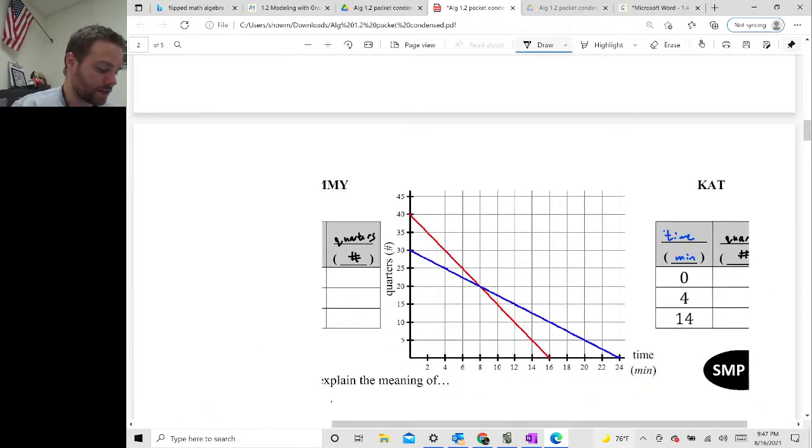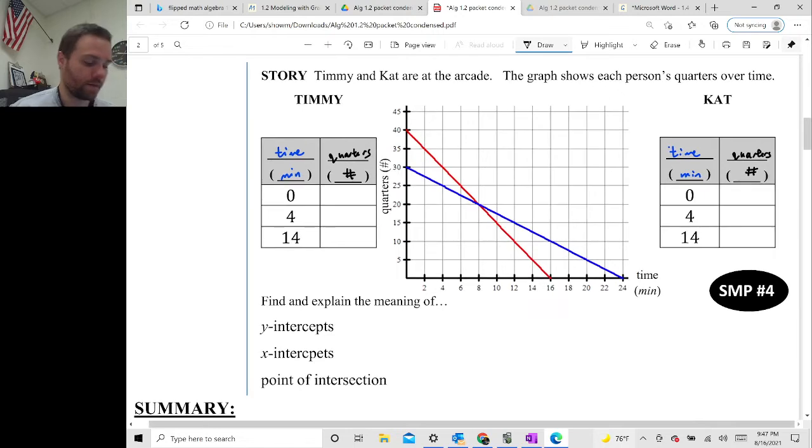So we've got Kat and Timmy, and let's look at the story. Timmy and Kat are at the arcade. The graph shows each person's quarters over time. So how many quarters they used, maybe. So at time 0, we're going to look at Timmy.